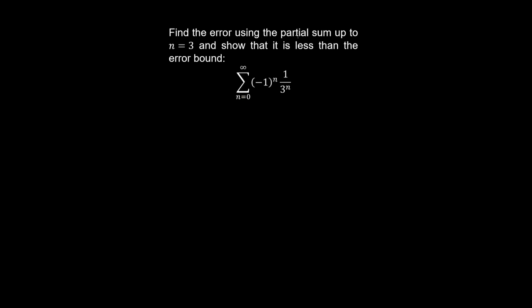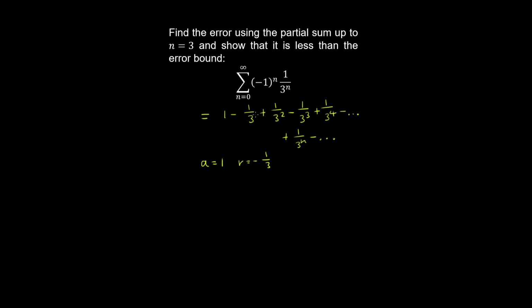Find the error using the partial sum up to n equals 3 and show that it's less than the error bound. So we can expand the series as follows. And in this geometric series, a is equal to 1, and the ratio between terms is minus a third.